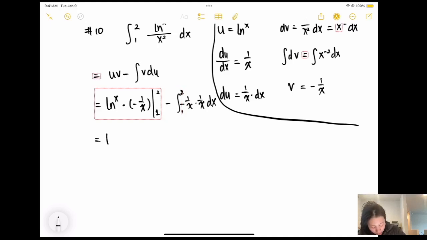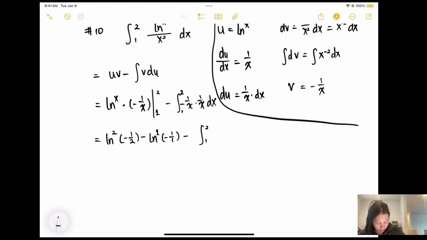I have ln of 2 times negative 1/2 minus ln of 1 times negative 1 over 1 minus the integration. We can do it later. All right. ln of 2 is just a constant, so you don't need to really solve it. And ln of 1 is always equal to 0.